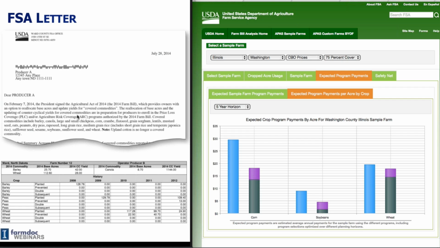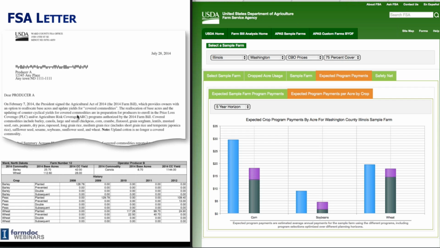Right. And maybe just to simplify or generalize the question, it's a pretty specific question about one farm situation. But again, on that FSA letter, the 2014 CC yields, the letter should be in the box at the bottom of the left panel of your screen. The 2014 CC yield should be the current countercyclical yield for that crop on that farm.